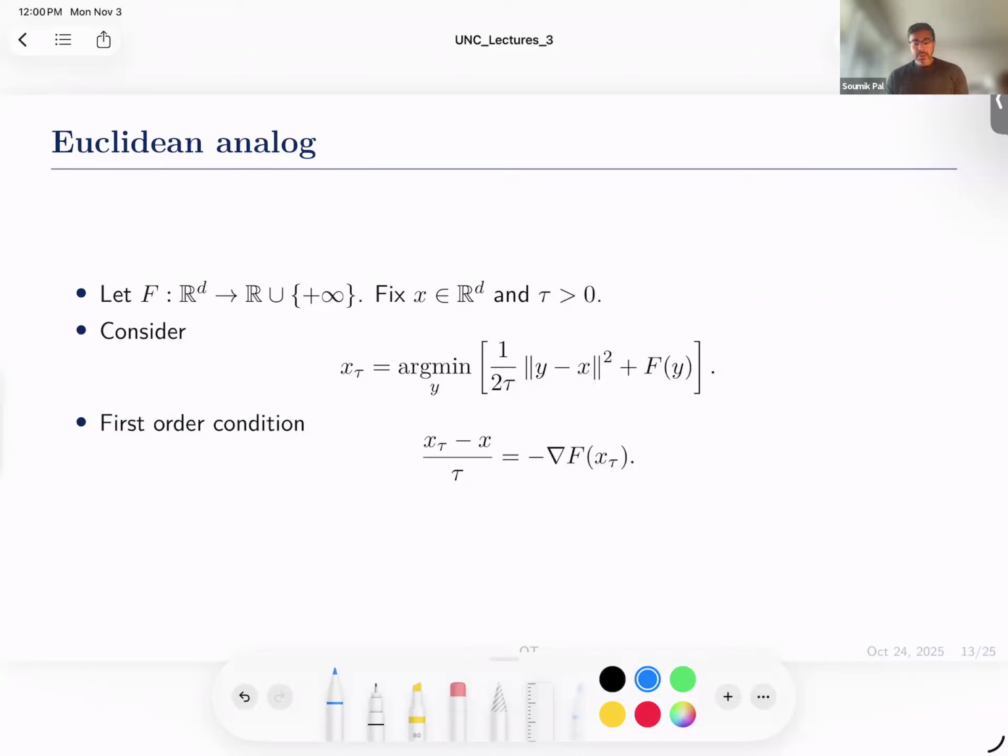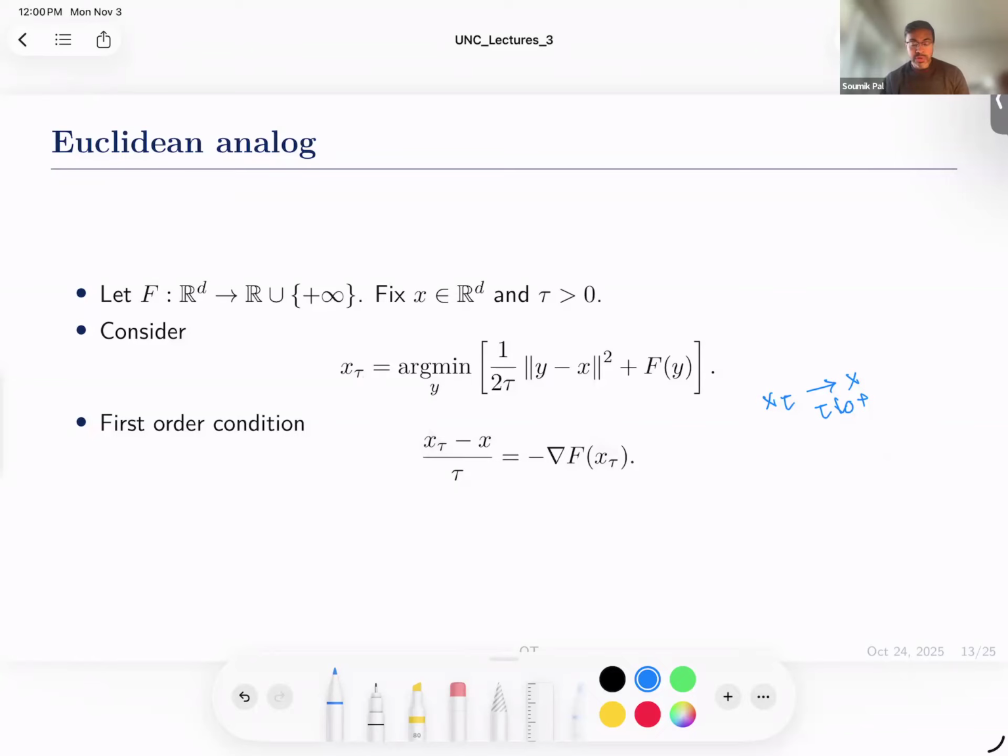Again, same idea. I'm looking for the minimum of f around a Euclidean ball of radius of order square root of tau. Anything bigger won't be in the argmin. And as tau goes to 0, x tau will converge to x. Now, if I do a first order condition on this optimization, what is x tau?